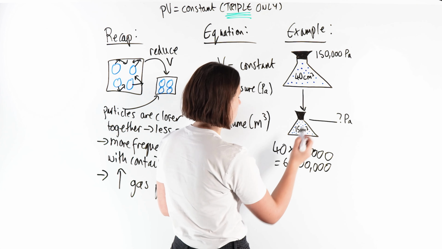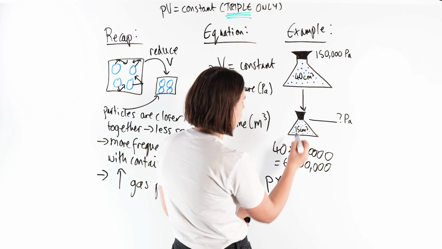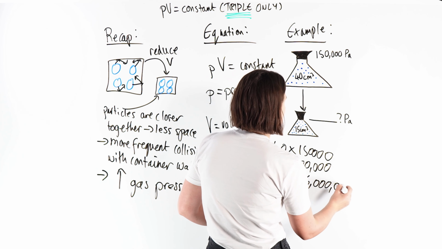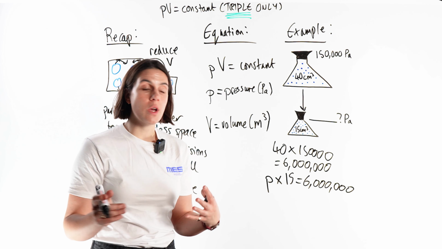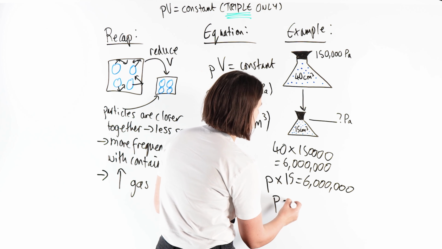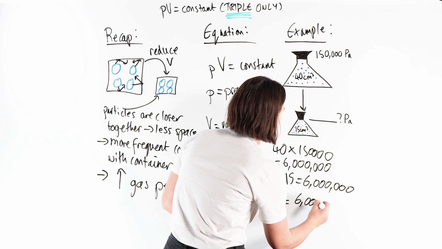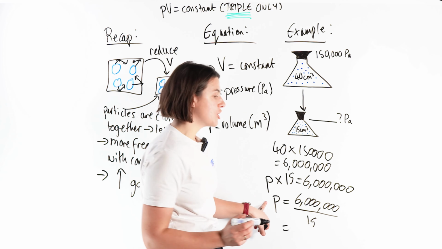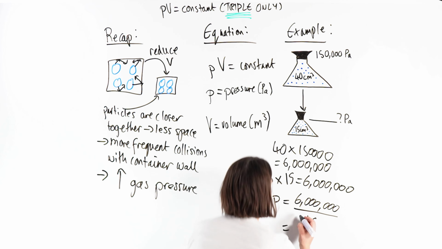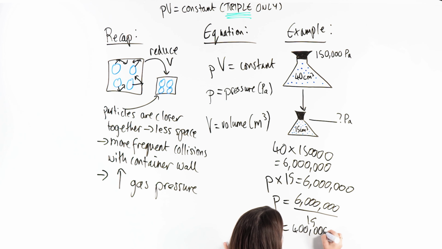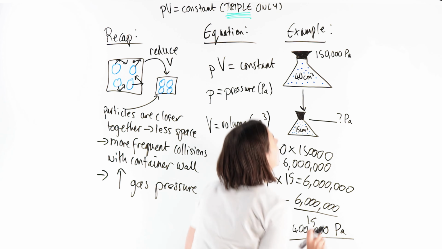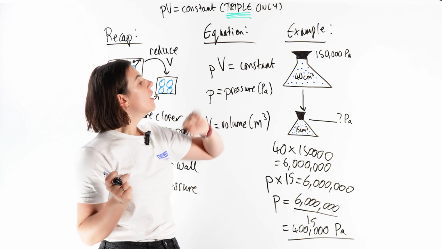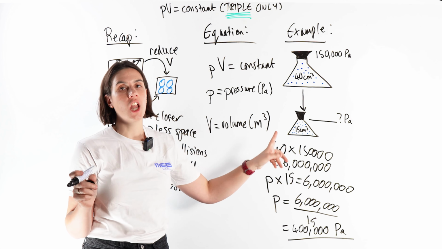So the pressure, which I don't know, multiplied by the volume, 15, is equal to 6 million. I'm going to do a very quick rearrangement: I'm going to divide both sides by 15 to get the pressure on its own, which gives me an answer of 400,000 pascals. So this is how we can use this equation to help us solve problems just like this.